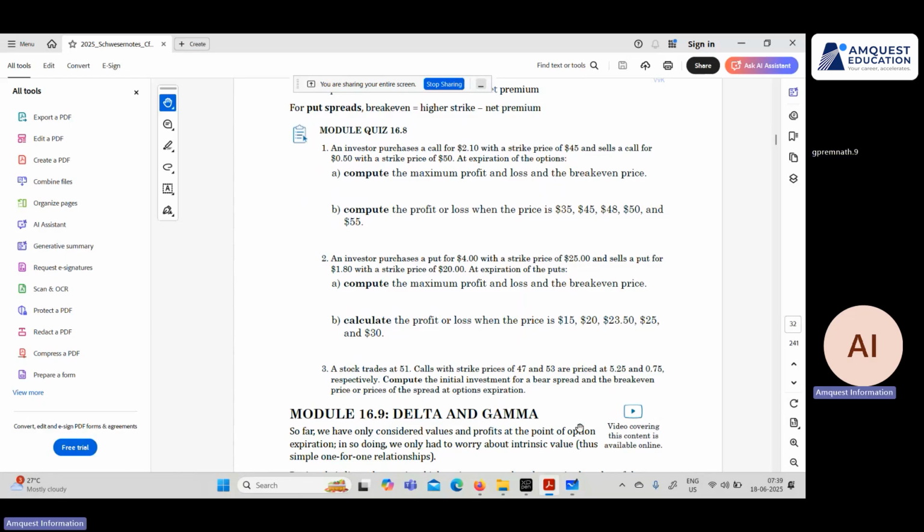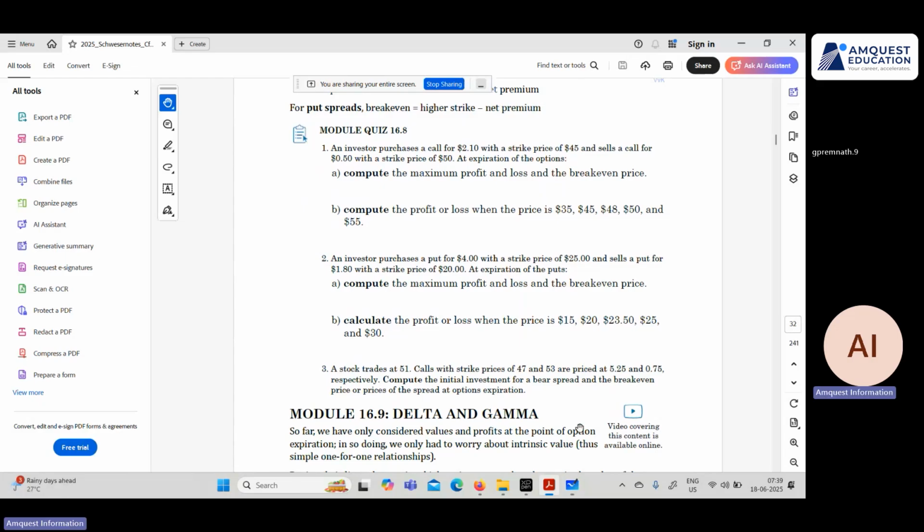Okay. That's your maximum profit. Maximum loss is basically 2.3. And break-even price is 25 minus 2.3, which is 22.7. Pardon? The investor buys a put for 4 with strike price 25, and sells a put with strike price of 20, okay.